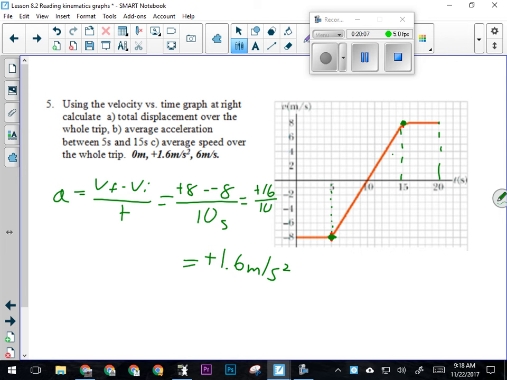I don't cancel anything. I'm dividing meters per second by seconds. I have meters per second over seconds. When you subtract, it's a difference. The units don't change. Only when you multiply or divide do units change.